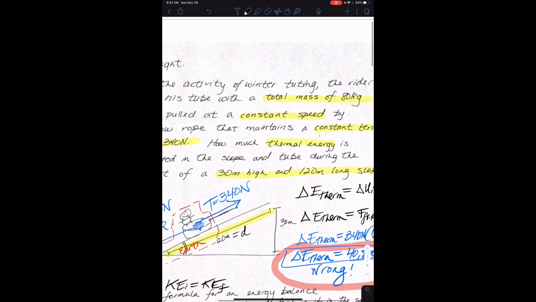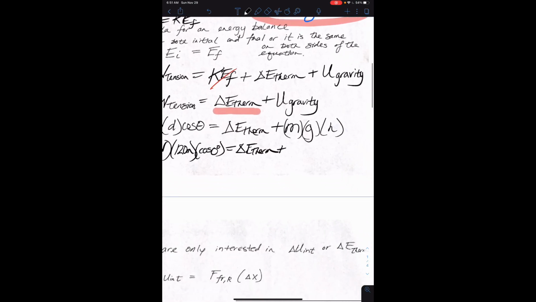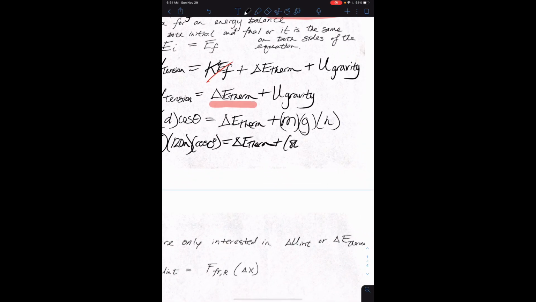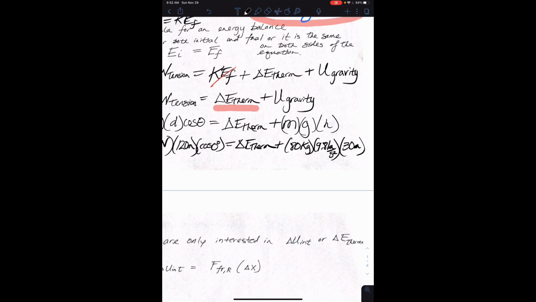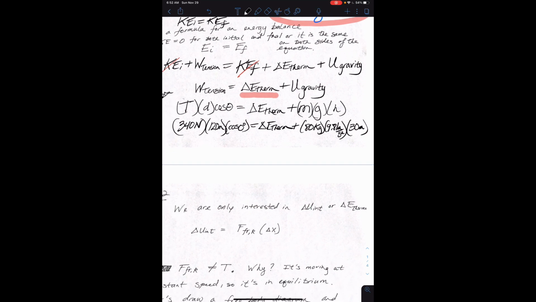I've got to go back up and look. Total mass of 80. Okay. And the height of the hill was 30 meters.